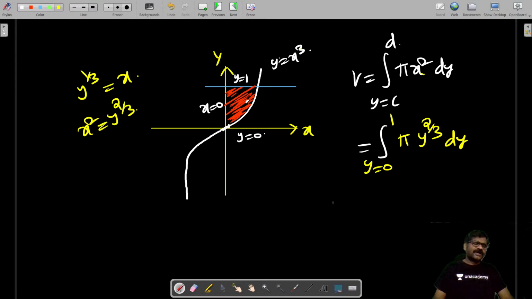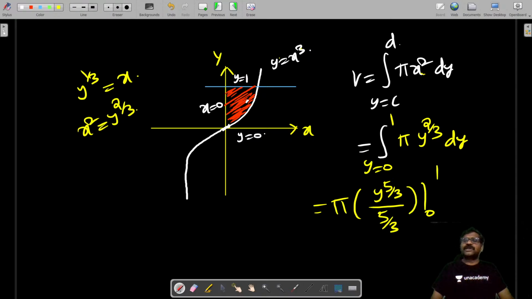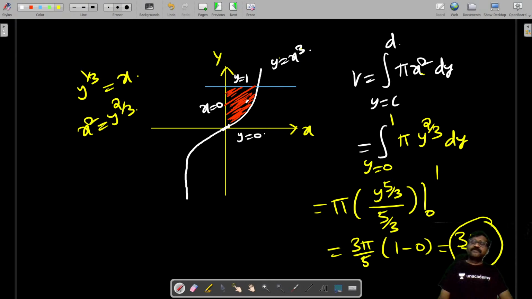Now pi into integral y power 2 by 3 is y power 5 by 3, since 2 by 3 plus 1 is 5 by 3, so 5 by 3 from 0 to 1. That is 3 pi by 5 of (1 power 5 by 3 minus 0). Finally, 3 pi by 5. 3 pi by 5 is the answer.